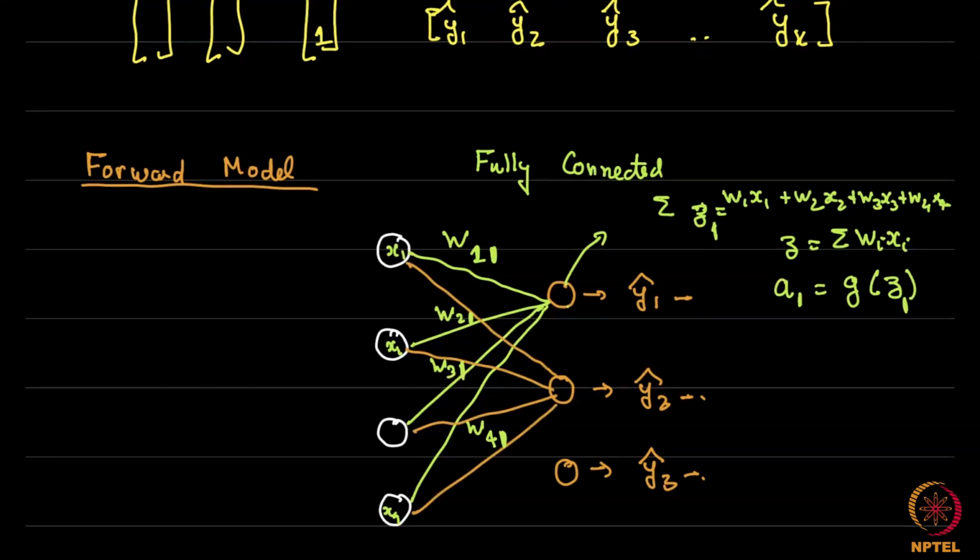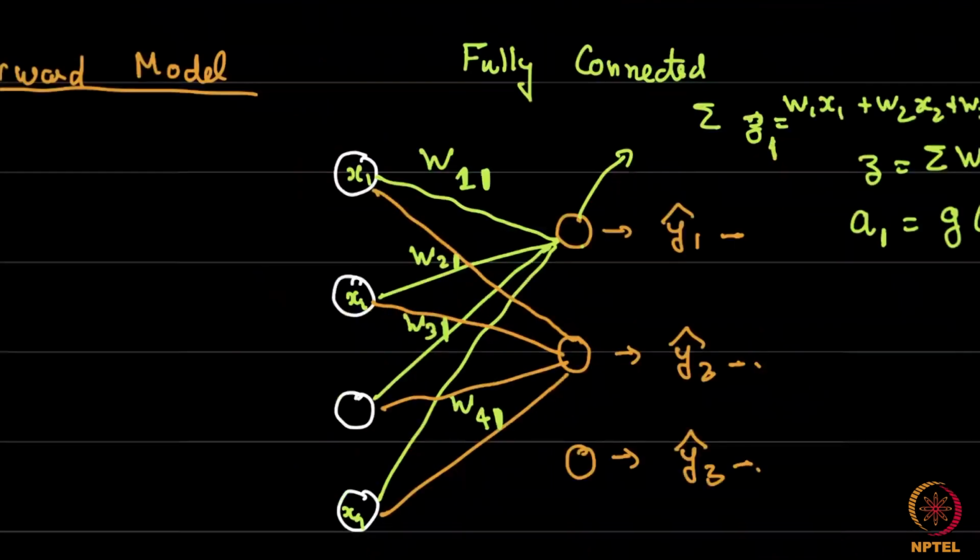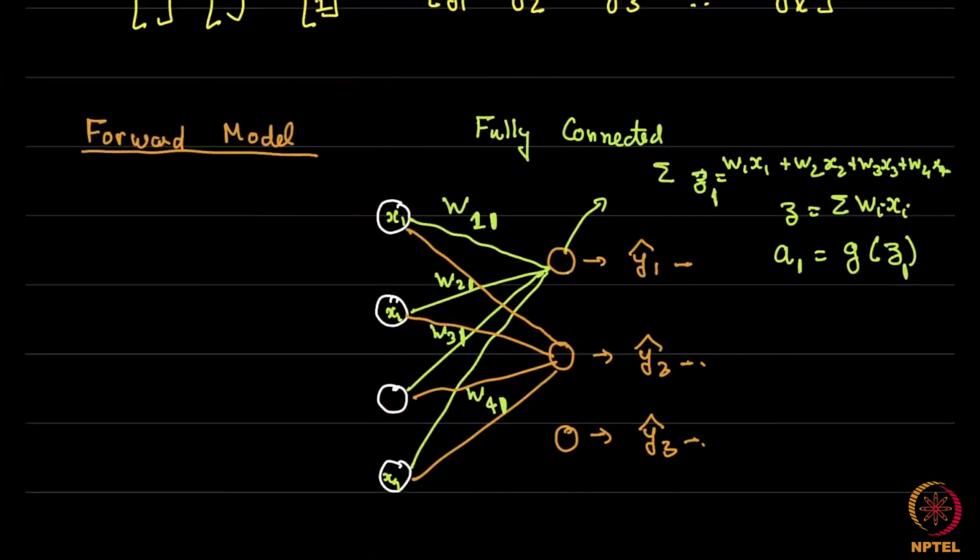But this is just to make clear that there are 4 weights, these 4 weights for the first neuron. Similarly, another set of 4 weights for the second neuron. Now, what can we call them? Instead of calling them W11, we'll call them W12, W22, W32, and W42.